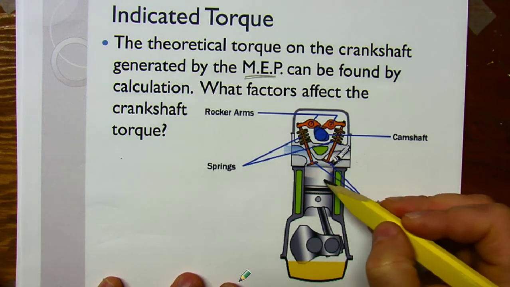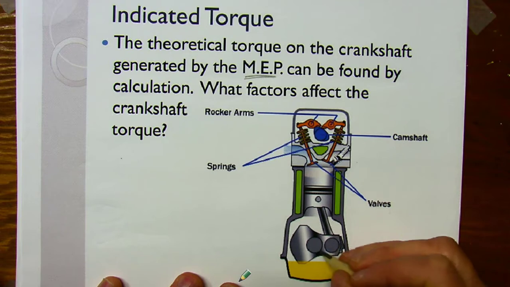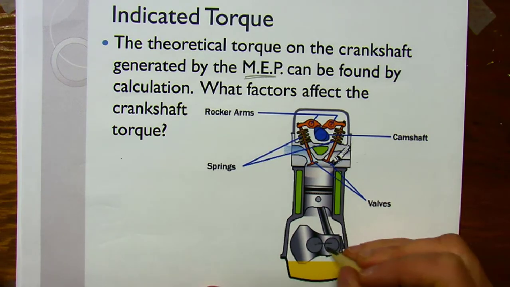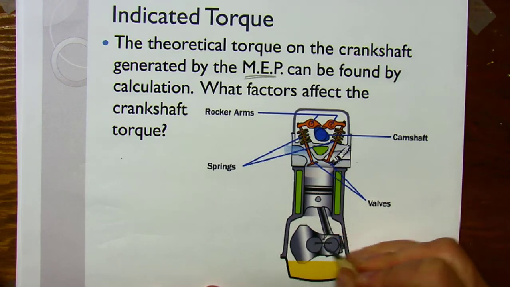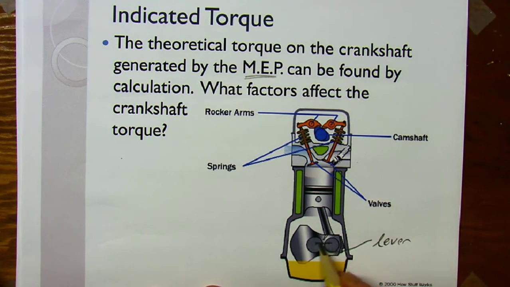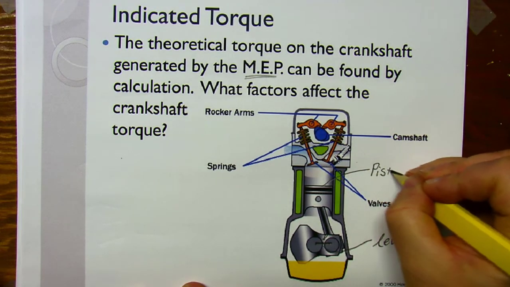But what's the other thing that will affect how much torque there is on the crankshaft? Well, certainly it is the throw. That is to say how long the crank is or how long our lever arm is on our crankshaft. That certainly affects how much torque we get out. And in fact, the piston size does as well.